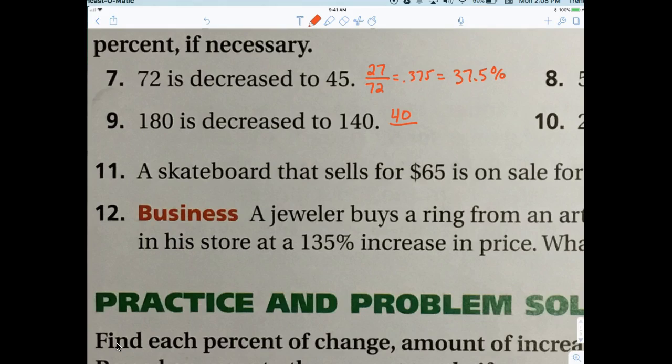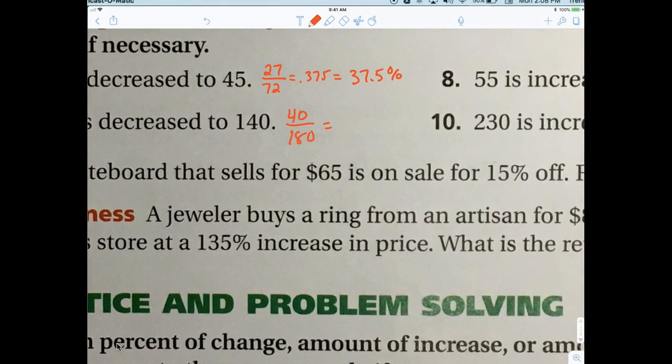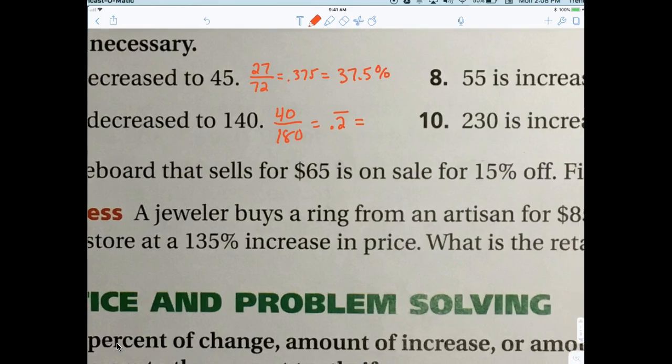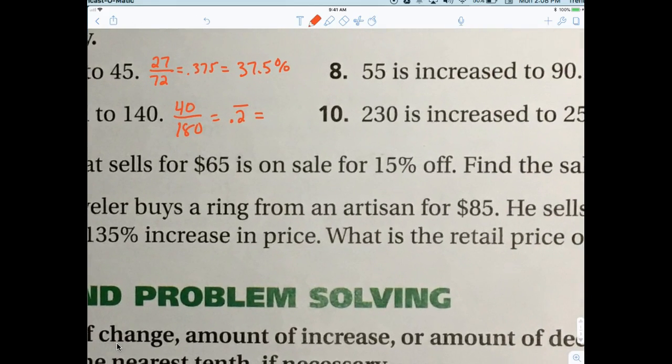Good job. 40 over 180, which is the same as? 0.2 repeated. All right. So now I want to see if you can tell me what percent that would be. Tell me the percent. No, you have to move it two places to the right. Come on.